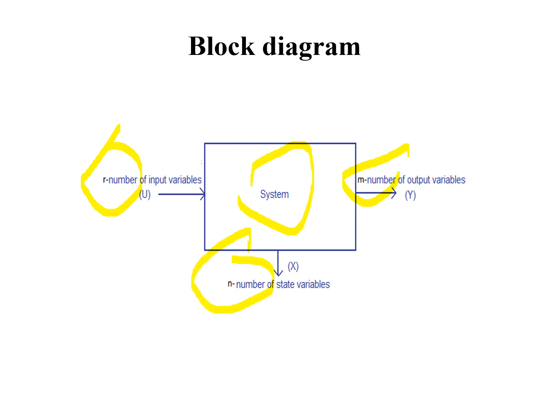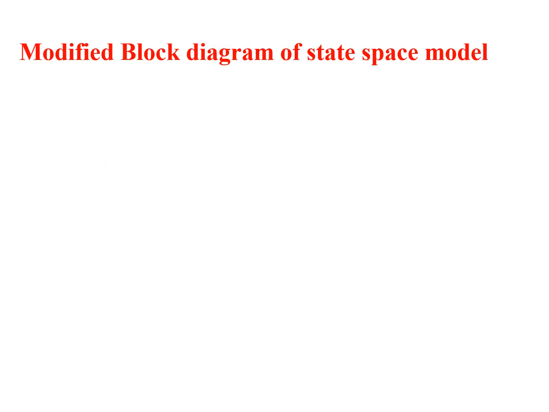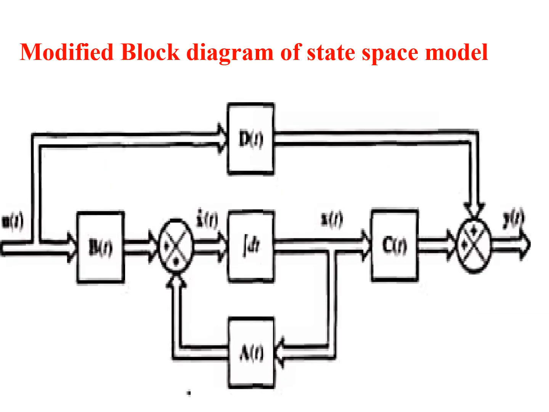Here is the modified block diagram of the state space model, which has u of t as the input and y of t as the output, and here x dot of t is the state model and x of t is the state variable.